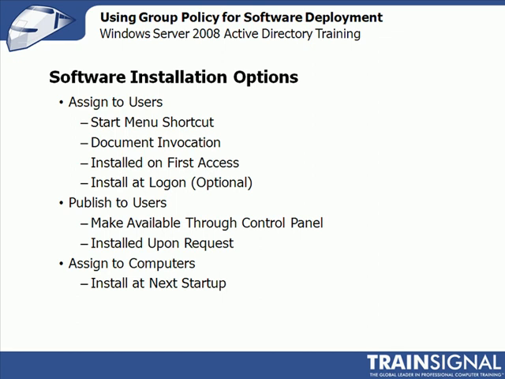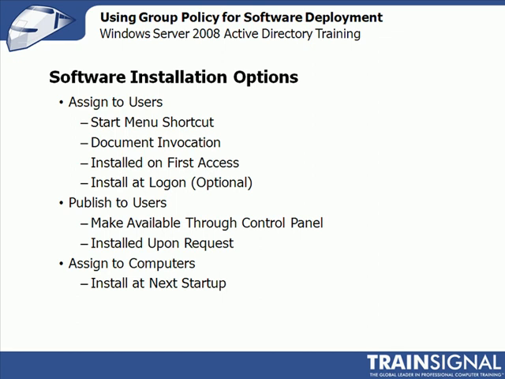The other way that the software will be installed is on first access. If they go to access the start menu shortcut or the desktop shortcut, so they go to actually access the program, it will then be installed.